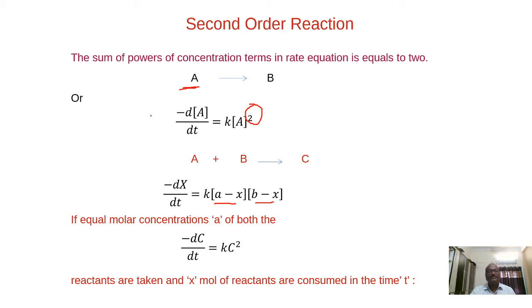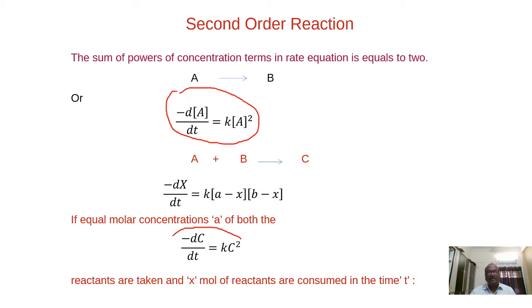So we can express the rate of a reaction when only one reactant is present or two different reactants are present. Let me discuss the kinetics of second order reaction where only one reactant is present. For that we write minus dc/dt is equal to kc^2.